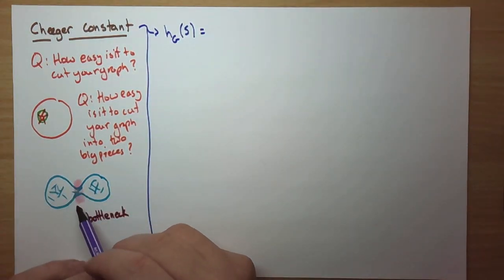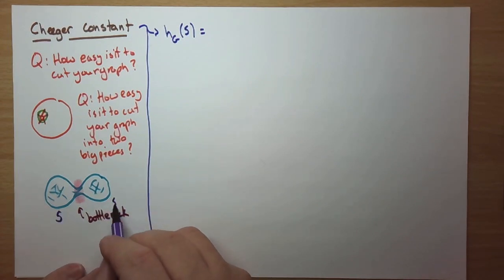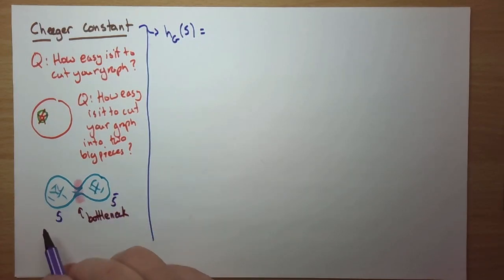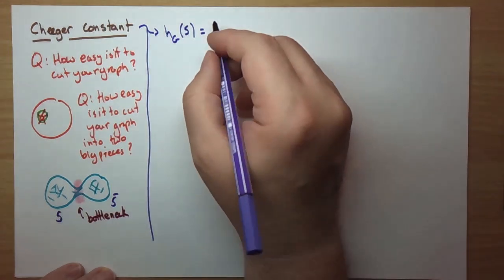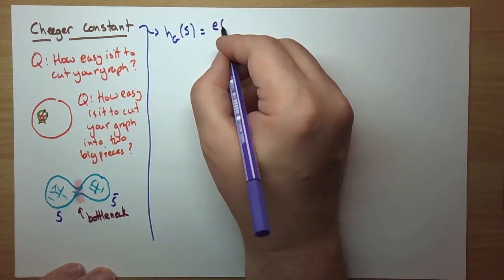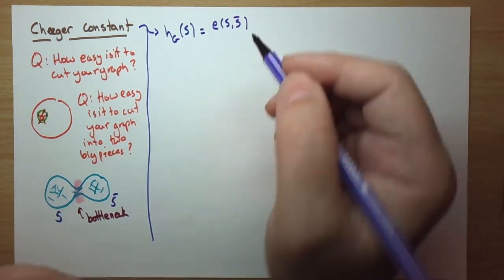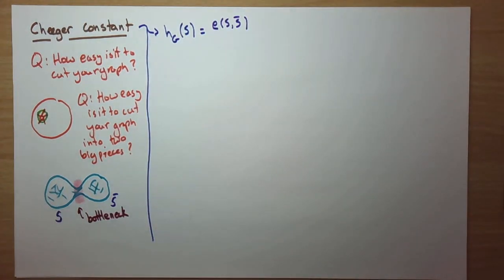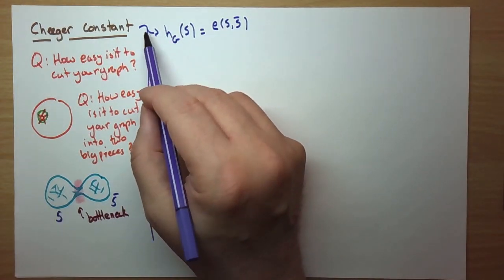So when we're cutting, what we really think of is we split it into two parts. So we'll have a set S on one side and S complement on the other side. So your set and everything else. So I want to say how many edges are in between. That's the size of my cut. Right now, I haven't quite got the Cheeger constant.